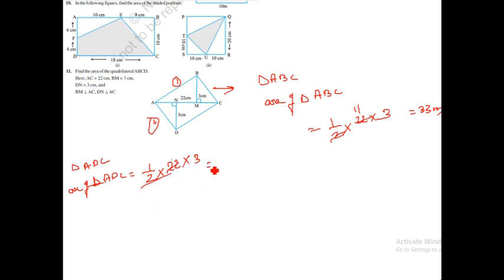So cancel this. We have 33 centimeter square. So the total area will be the area of triangle ABC added with area of triangle ADC, 33 plus 33, that is equal to 66 centimeter square.